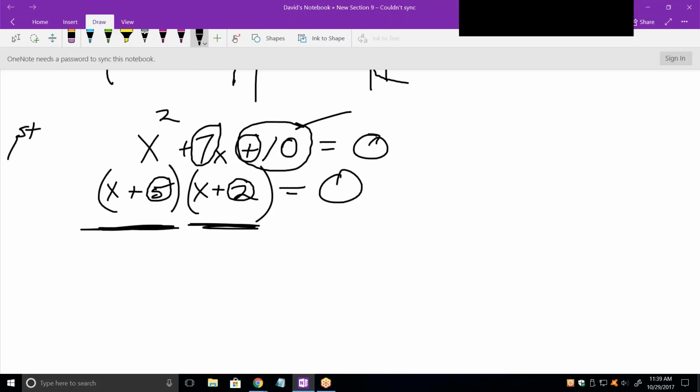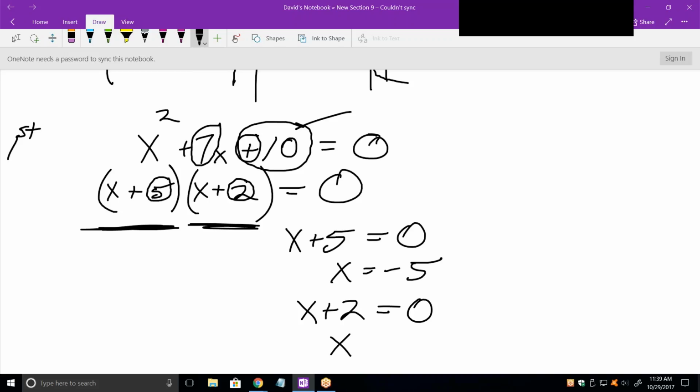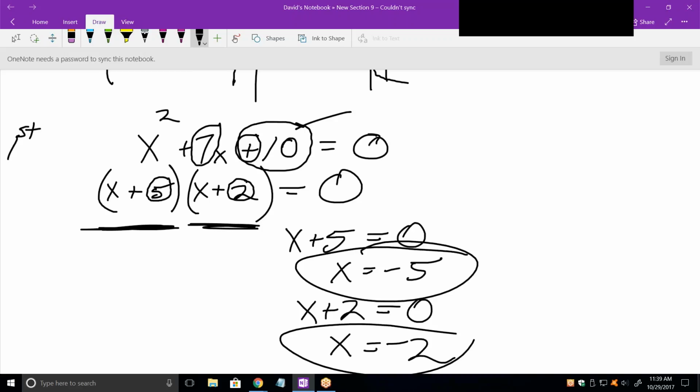They don't exist. When you get 0 from multiplication, one of them has to be 0. So the next step is we set both of them equal to 0 and we solve. That gives you x equals minus 5, and the other one, x plus 2 equals 0, giving you x equals minus 2. So those are your two solutions for x.